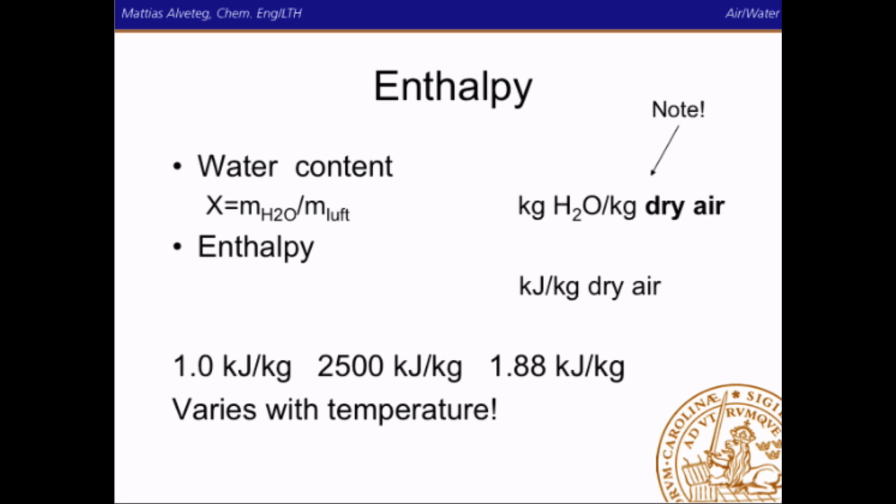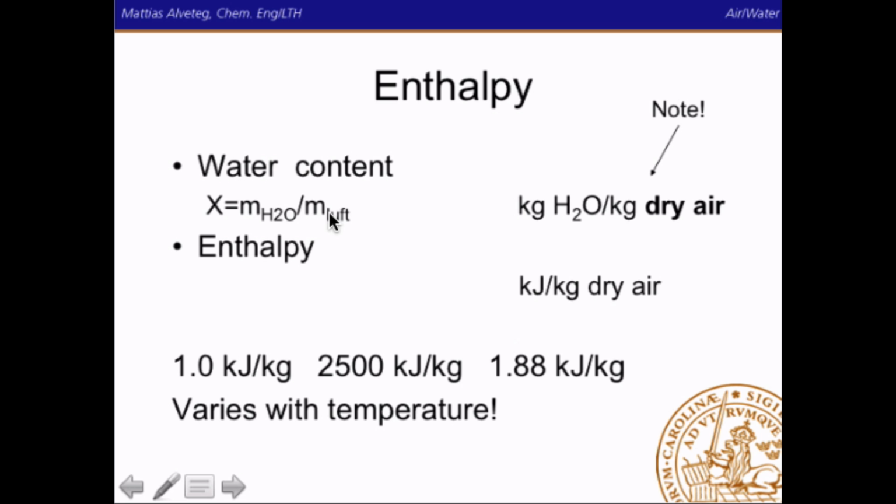So the relation between enthalpy and water content, note here that water content is kilogram of water per kilogram of dry air. So it's a ratio between the 2 components. A bit odd unit, but that's the usual unit to use in these circumstances.